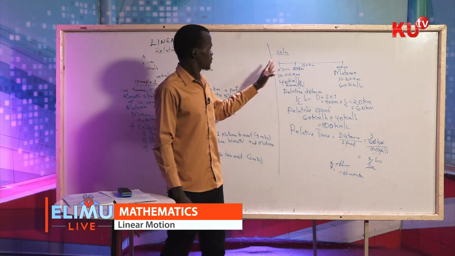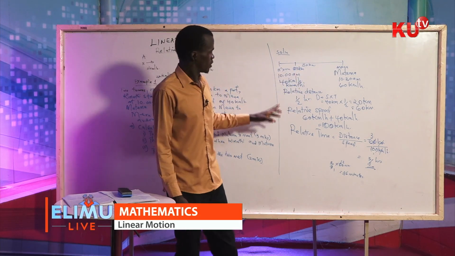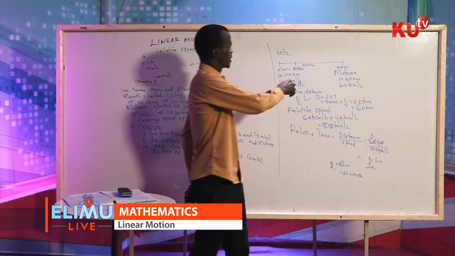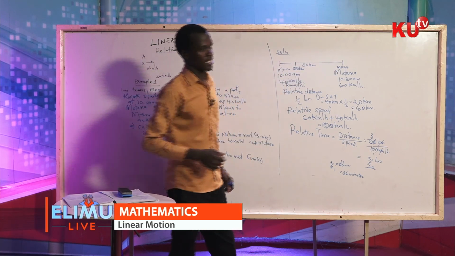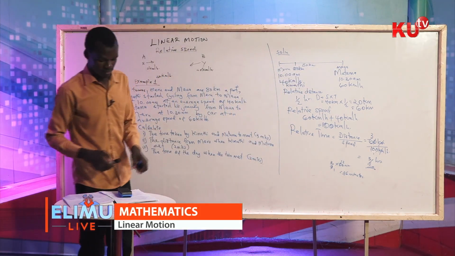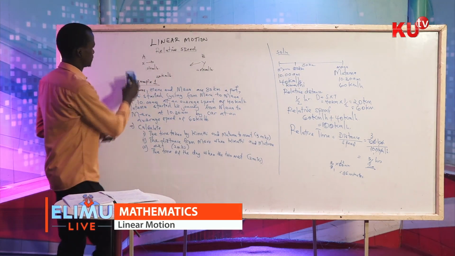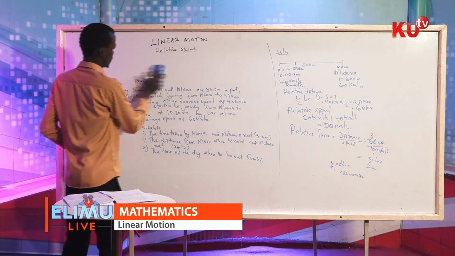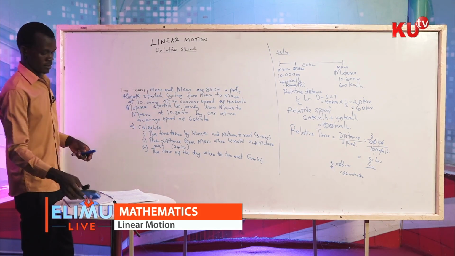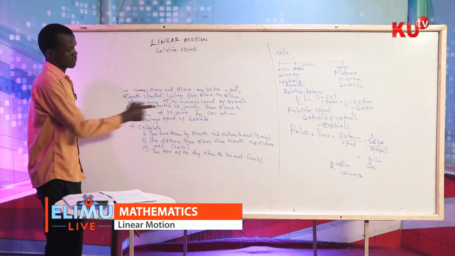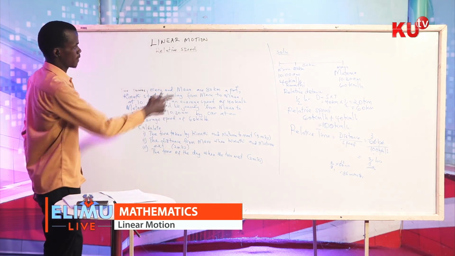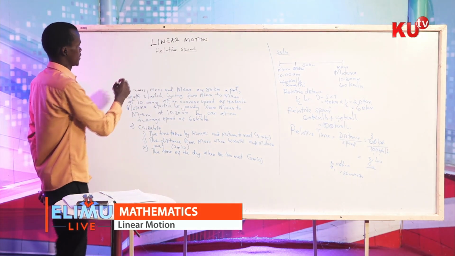So if you are required to find the distance from Meru, then we will find the distance covered for them to meet, and then we add 20 kilometers that was covered by Kimathi before Mutuma left. So first of all, let's find the distance covered in the 36 minutes by Kimathi.